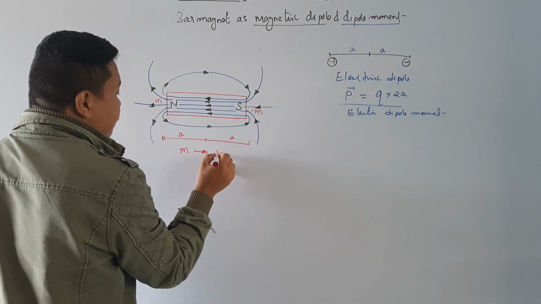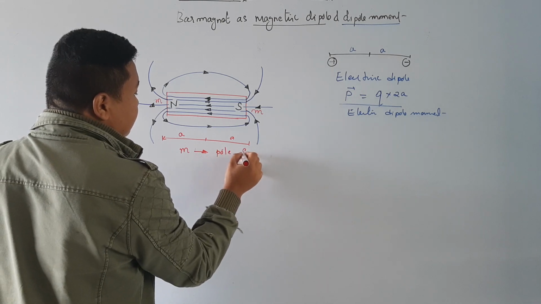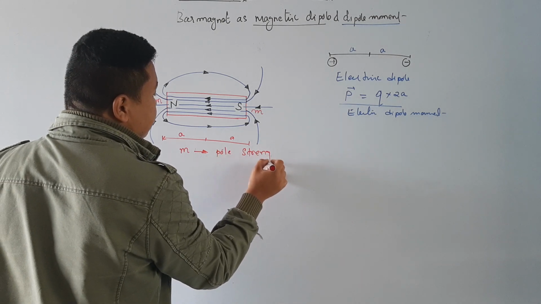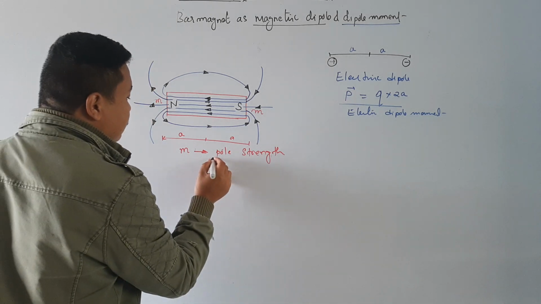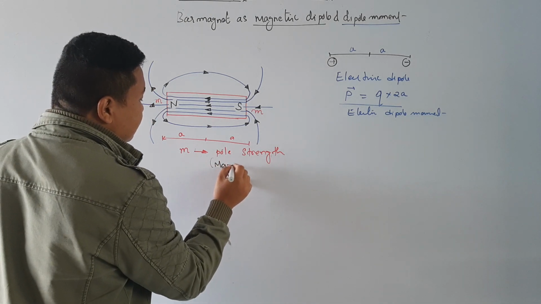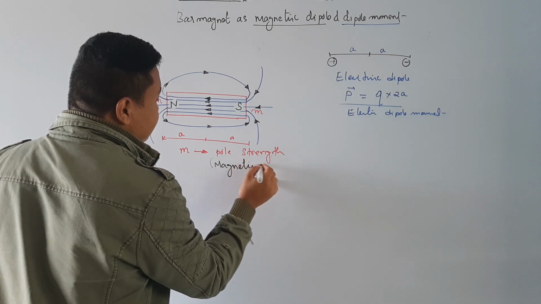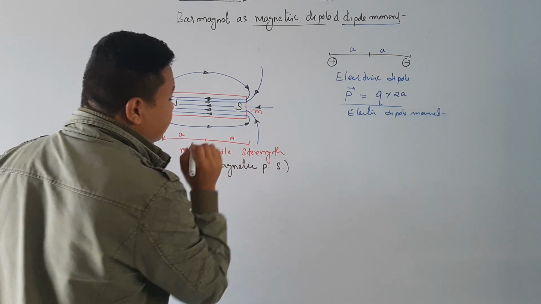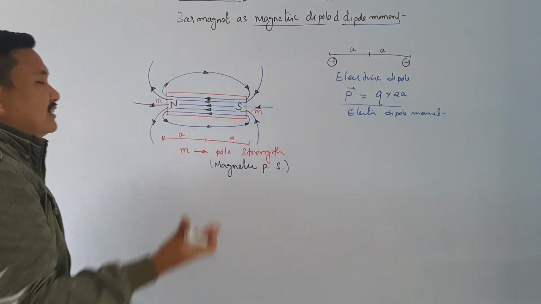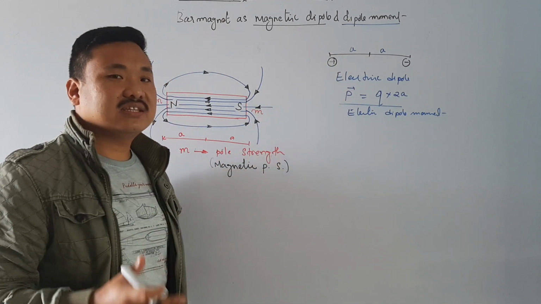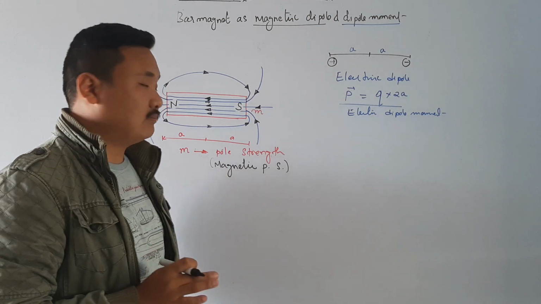This is my pole strength. You have to remember this. Pole strength, or sometimes it can also be called magnetic pole strength, and it is denoted by small letter m.